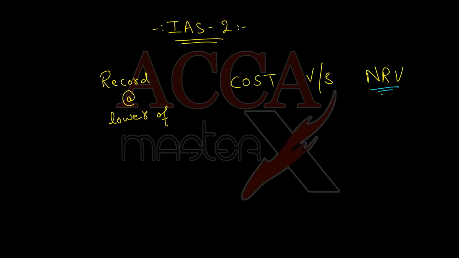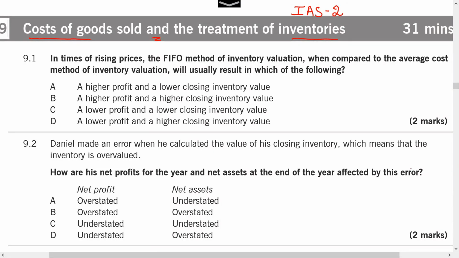And by NRV we mean expected selling price of inventory minus cost of selling those inventories.